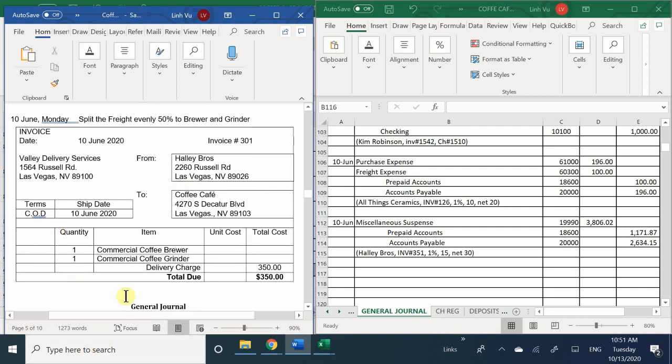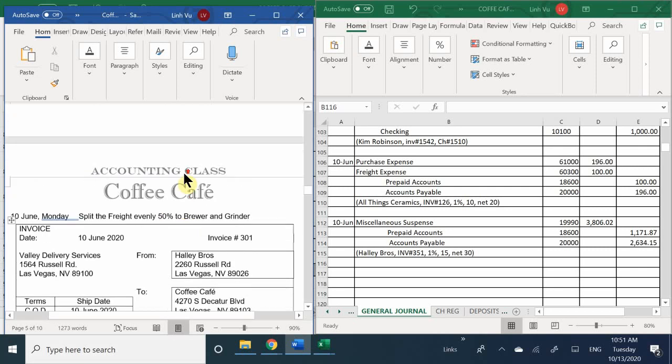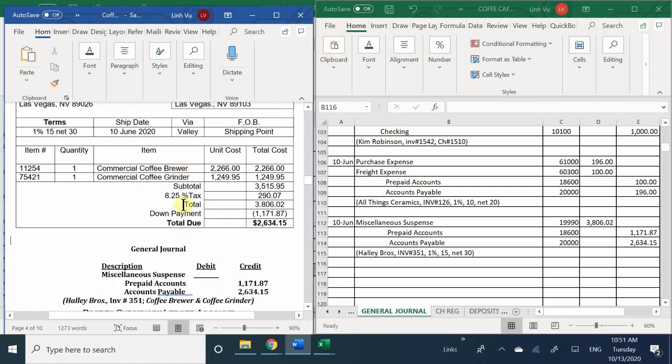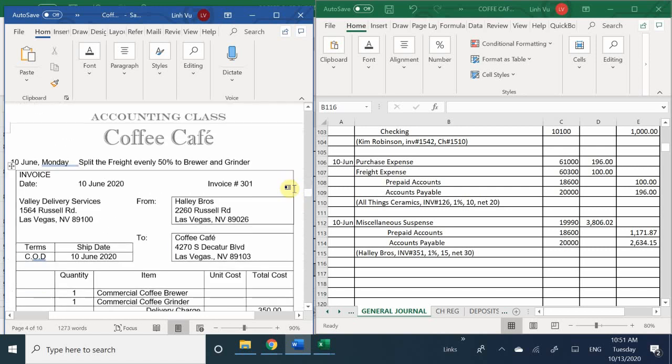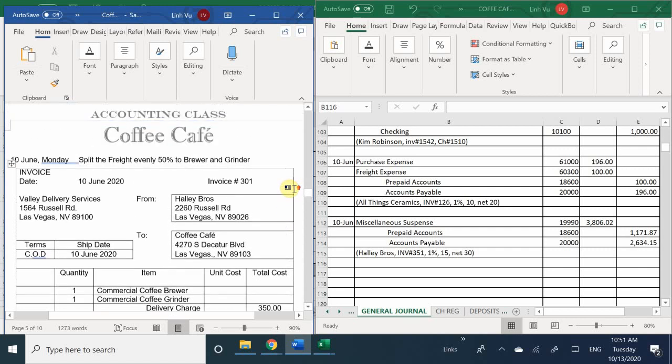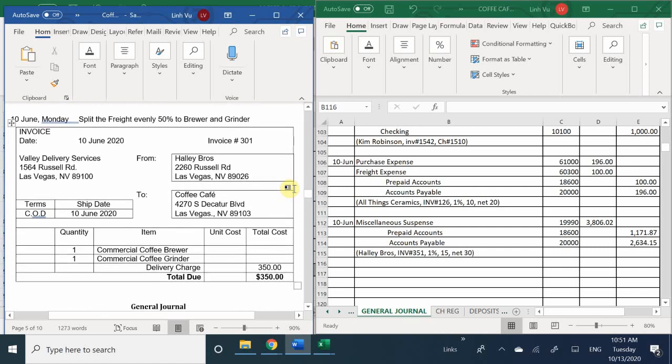What does COD stand for? Cash on delivery. So by looking at this very invoice right here, that means not only did we have to include this right here, we have tax here, we also have to include the freight. So let's go ahead and journalize this particular information, all right?